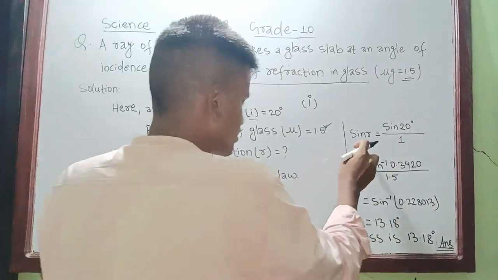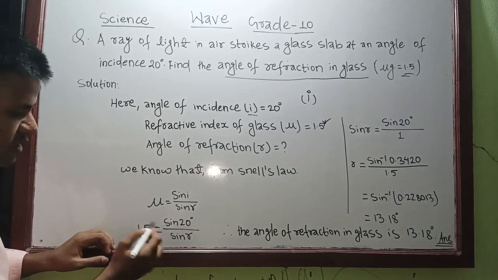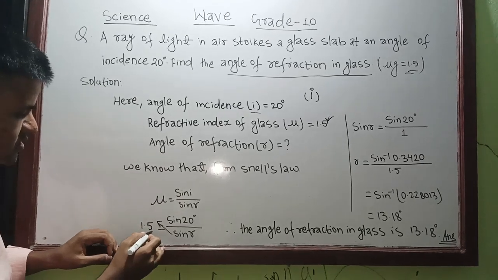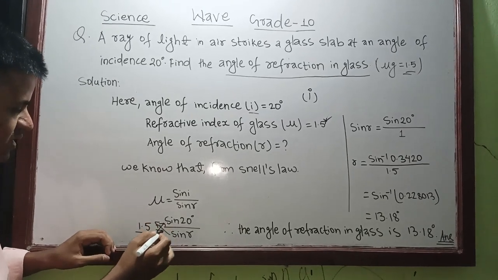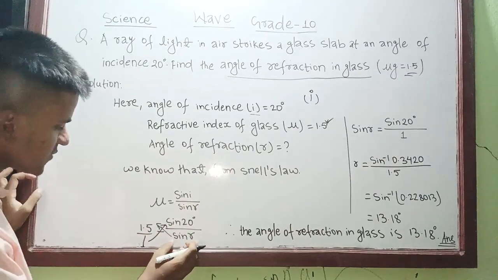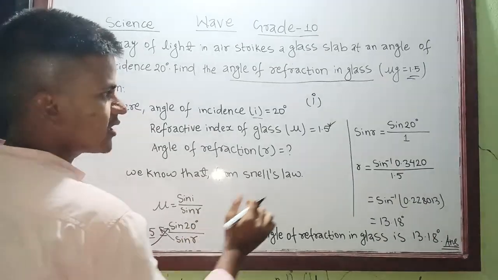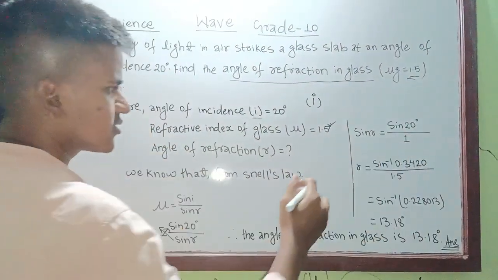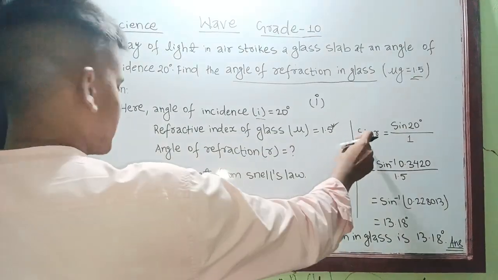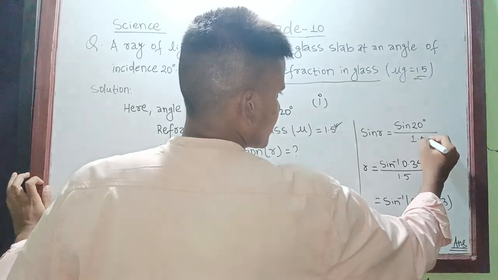Now see here, when we cross multiply, this sine r will go there, and if there is a 1, we can cross multiply it. After doing so, sine r equals sine 20 by 1.5.